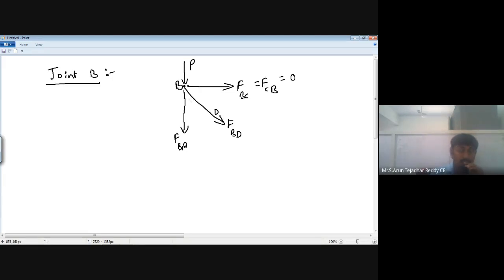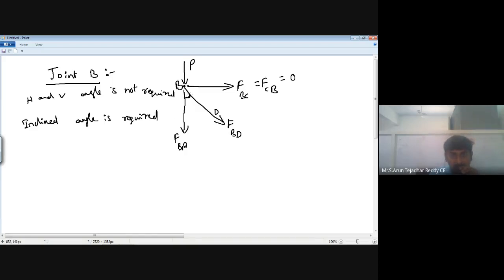I already told you, if your member is horizontal or vertical, angle is not required. If your member is inclined, angle is required. It means find the angle here, because we are calculating B to D. B to D is an inclined member, so without the angle we can't find the force in member BD.